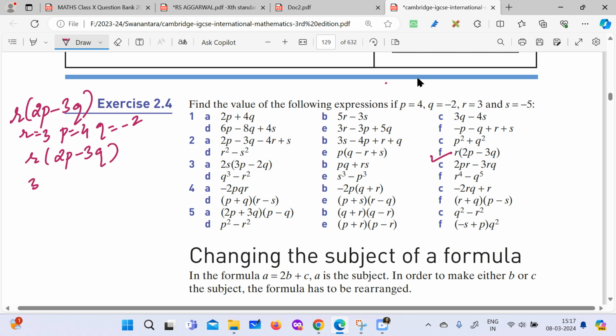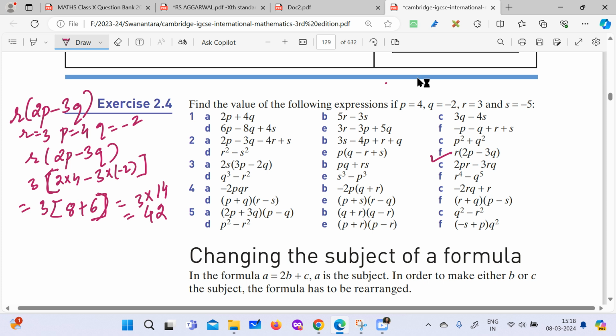R is 3, p is 4, minus 3 is, and then q is minus 2. So be careful about these signs. And then you get 2 times 4 as 8, and minus 3 times minus 2 will give you plus 6. Hence you have 3 times 14. So 3 times 14 will give you 42. Clear?